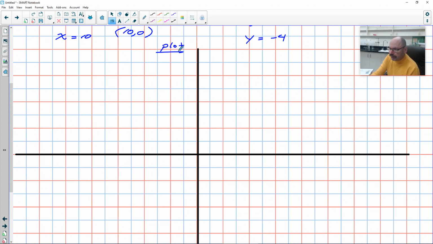Okay, y and x. Now I'm going to plot 10, 0: 2, 4, 6, 8, 10, 0. And then 0, -4 is right here. There's our line. Okay, so plot it in there.